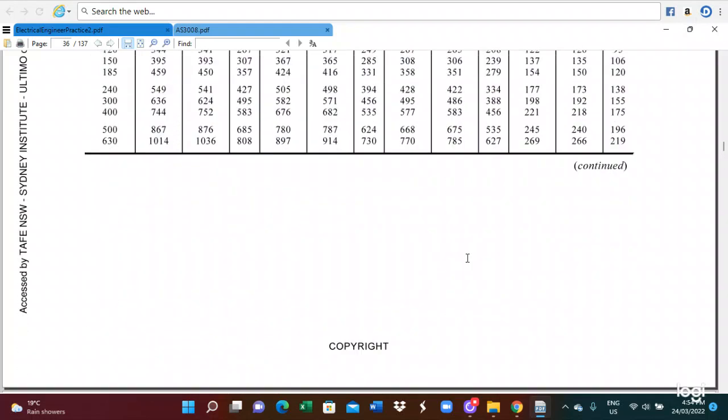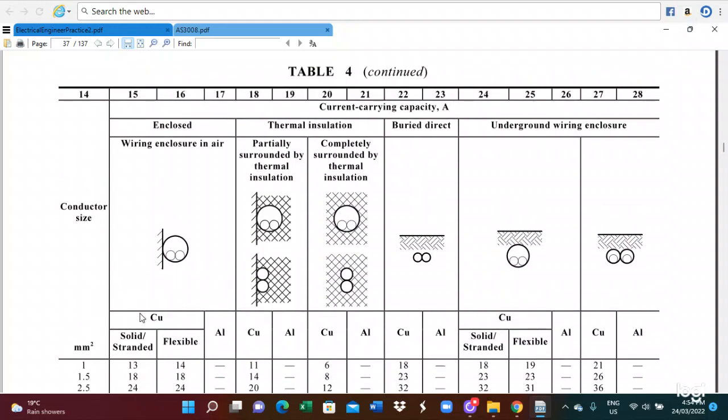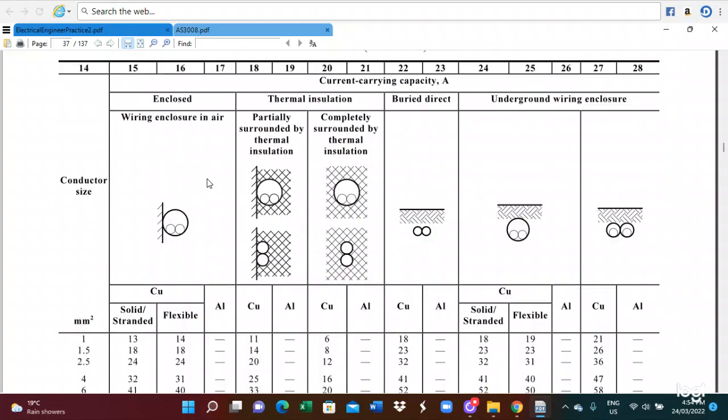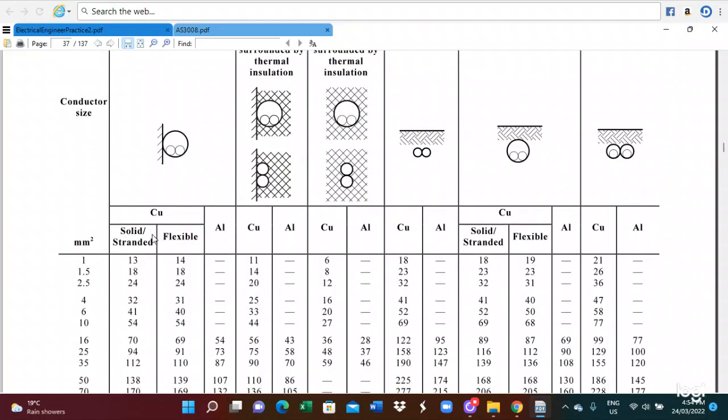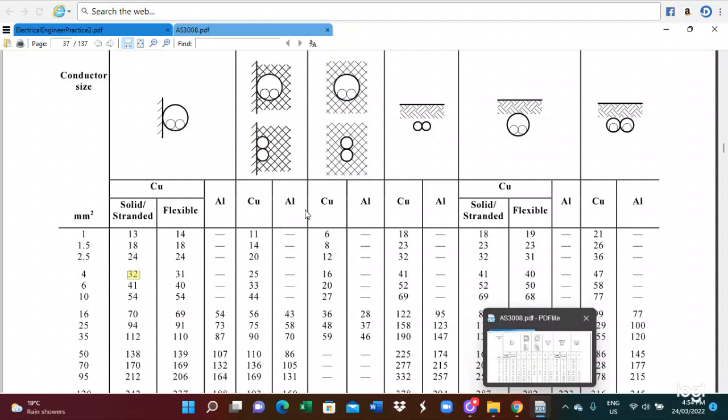Solid and stranded copper is column 15, flexible copper is column 16, and aluminum is column 17. So in this case, we use solid and stranded, and 4 millimeter square for the 32 ampere circuit breaker. So the cable size we calculate is 4 millimeter square.